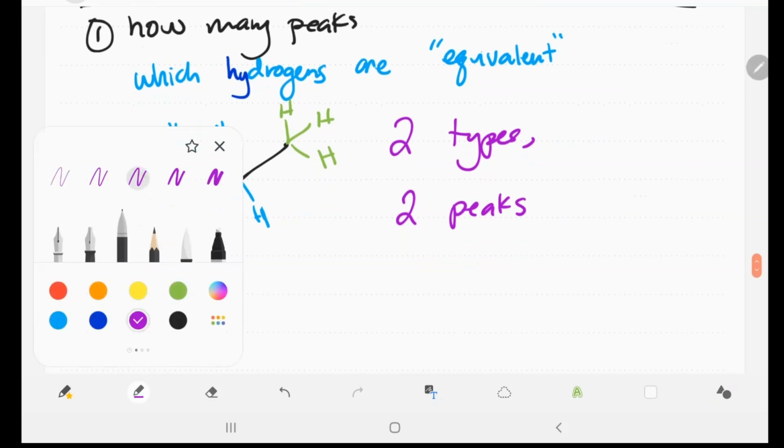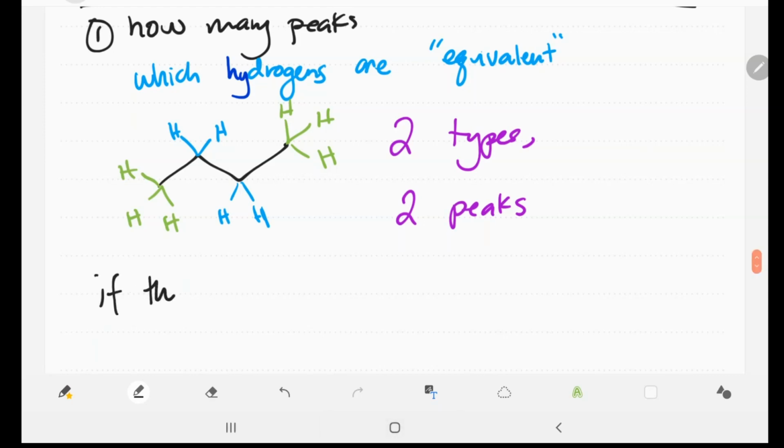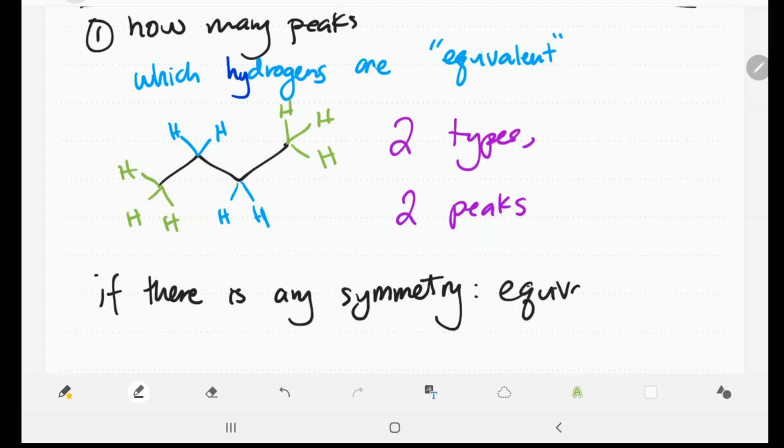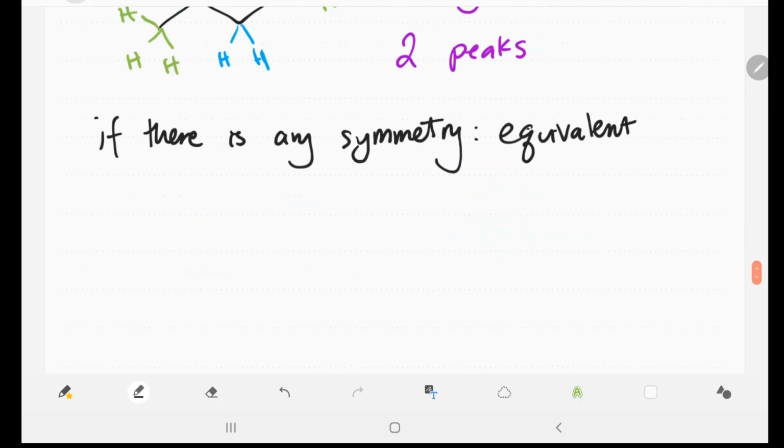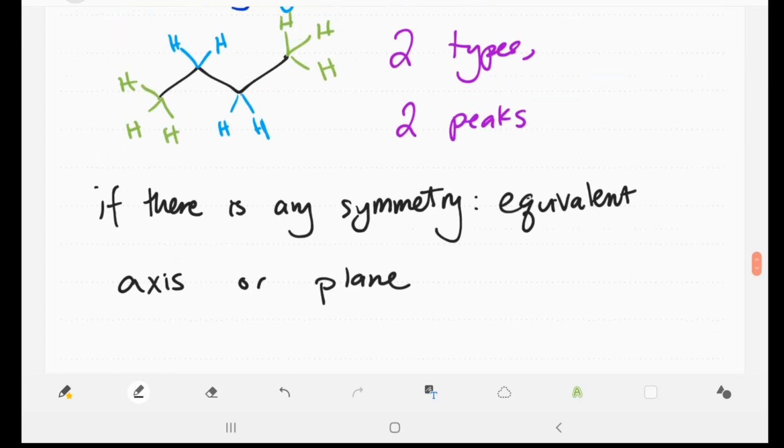First way is through symmetry. If there's any symmetry whatsoever, they will be equivalent. This can be in terms of an axis of symmetry or a plane of symmetry. Any sort of symmetry whatsoever, they're going to be equivalent to each other.